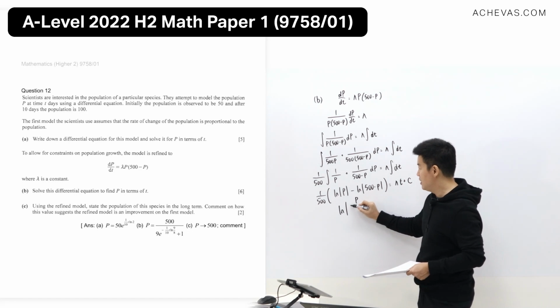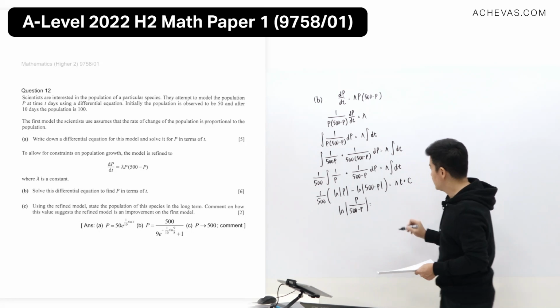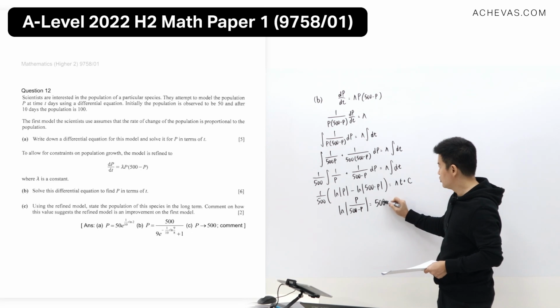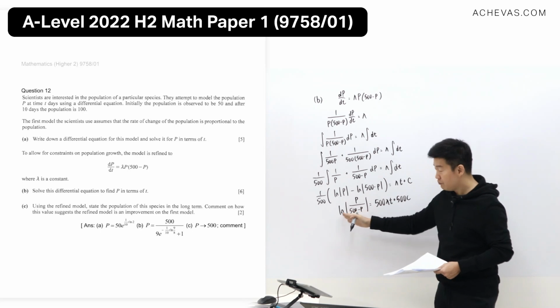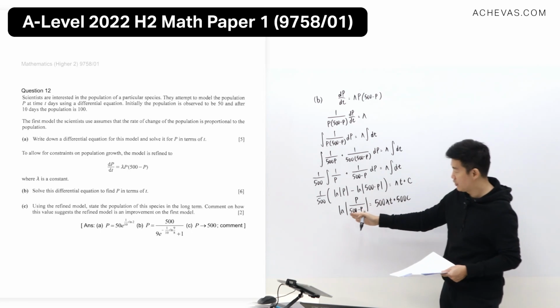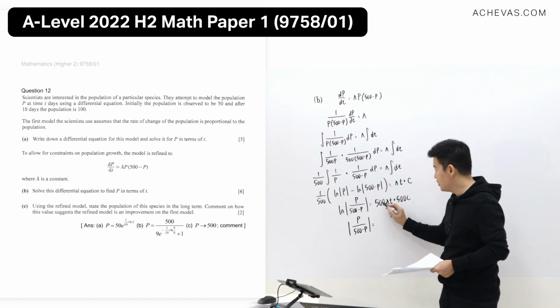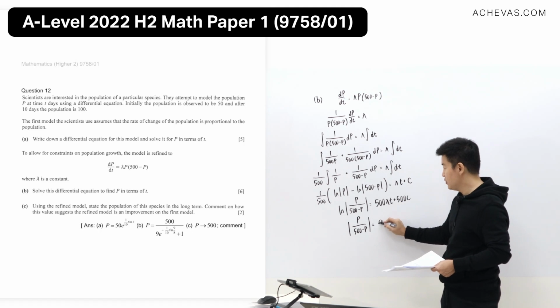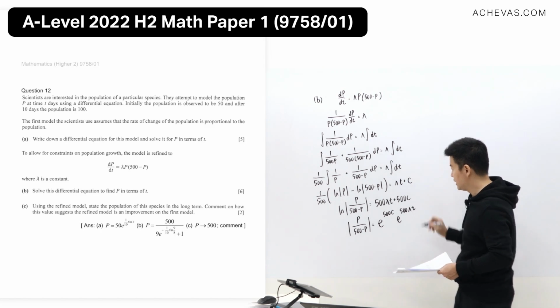So this is ln modulus of p over (500 minus p) equal to 500 lambda t plus 500c. Let's inverse the logarithmic function, which gives p over (500 minus p) in modulus as e to the power of 500c times e to the power of 500 lambda t.